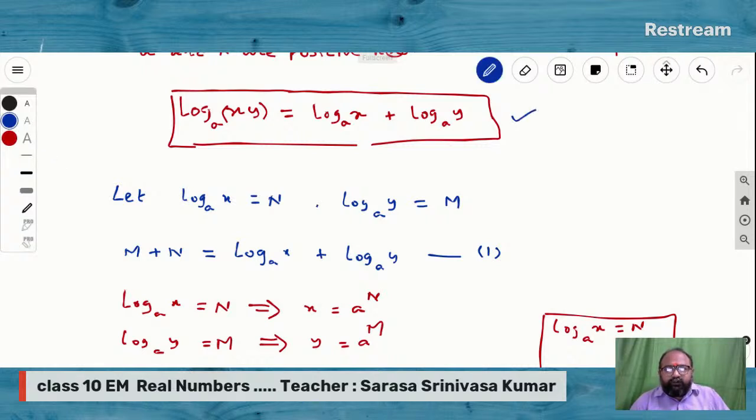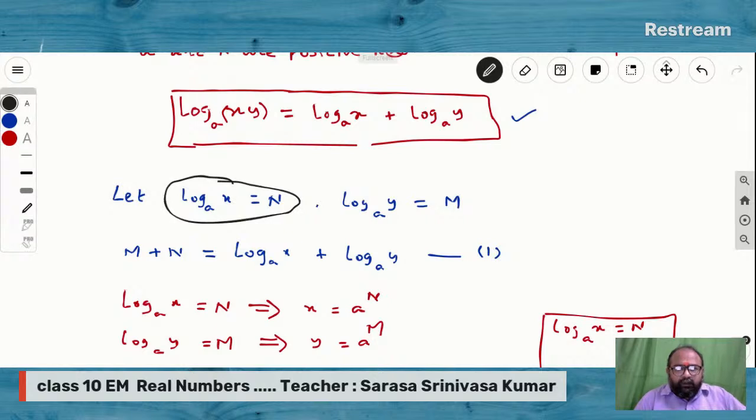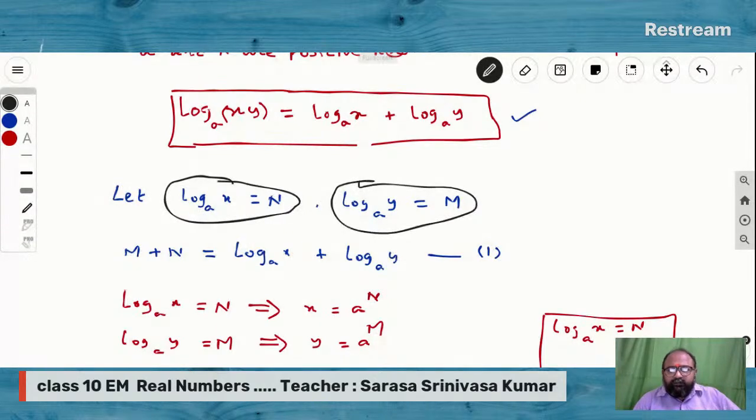Now let us assume that log x base a equal to n and log y base a equal to m. If we assume this, we can write m plus n equal to log x base a plus log y base a. This is taken as equation 1.